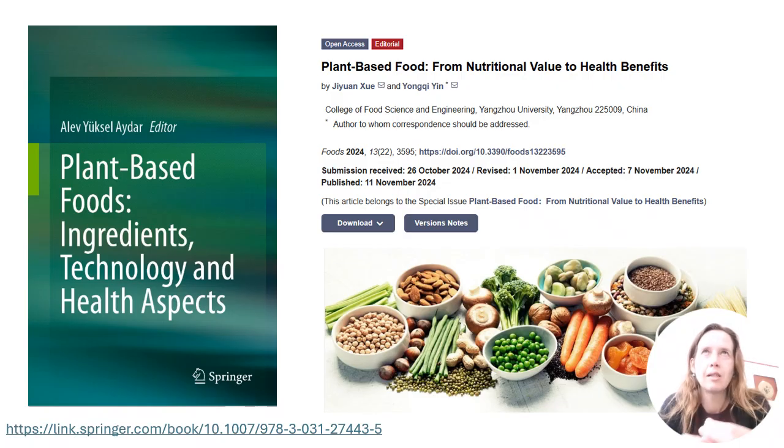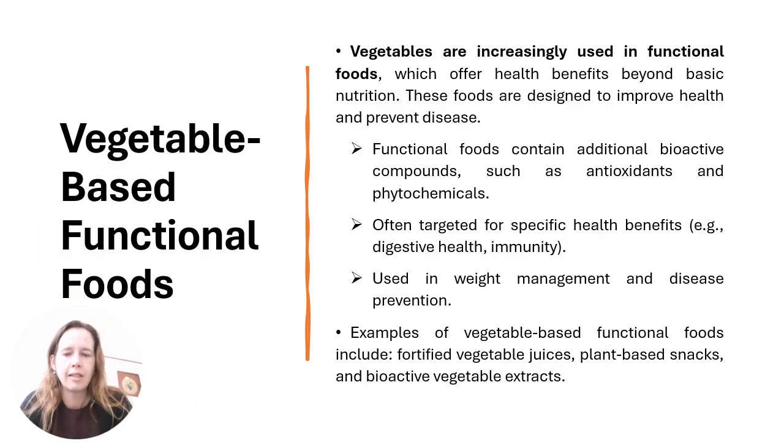And it was really interesting because we have more than 100. One good approach that you have nowadays with vegetable studies is functional foods.